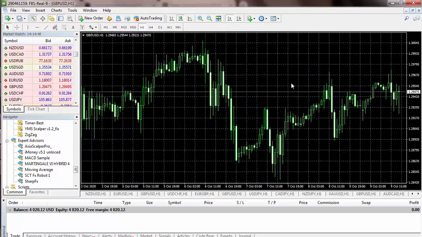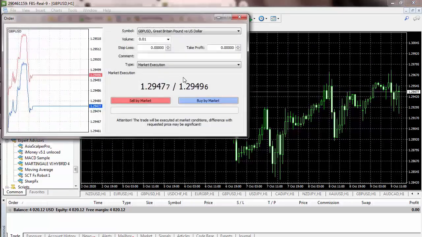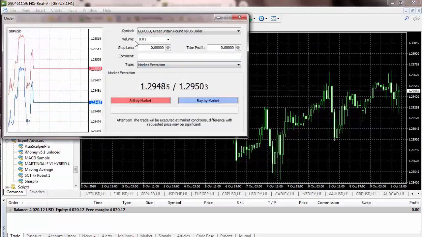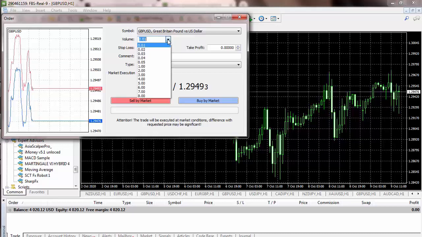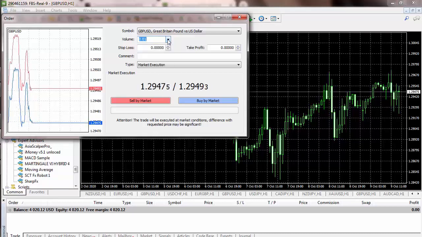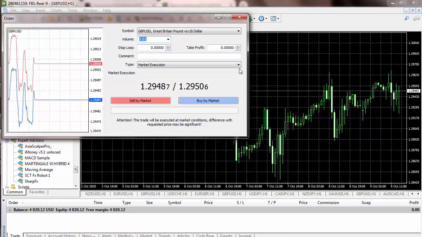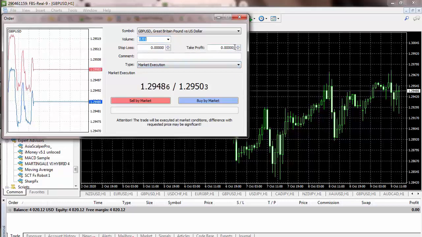I want to look for a trade, looking at what is going on. Now in this market buyers are coming down. So now I want to place it. This is the volume, also called the lot size. Depending on the amount of money you have, you can always place your trade with this. And this is stop loss, take profit. Let's say you want to place a trade and you're thinking that the market will go up and you feel you want to place a trade.